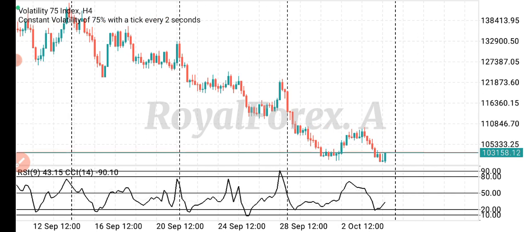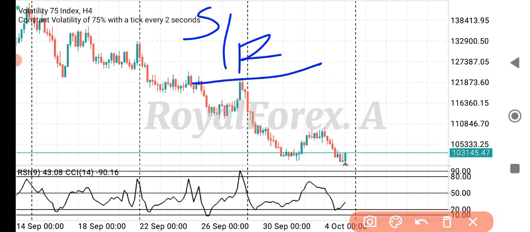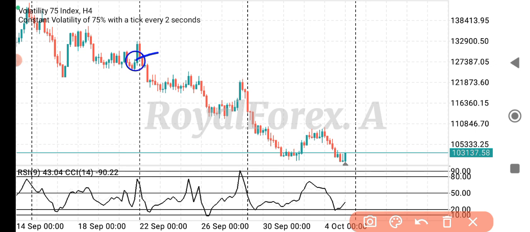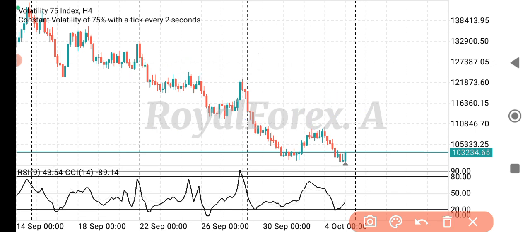So when we talk about support and resistance, there are basically two types of support and resistance. We have a static support and resistance, and then we have a dynamic support and resistance. So when we say a static support and resistance, what exactly are we referring to?